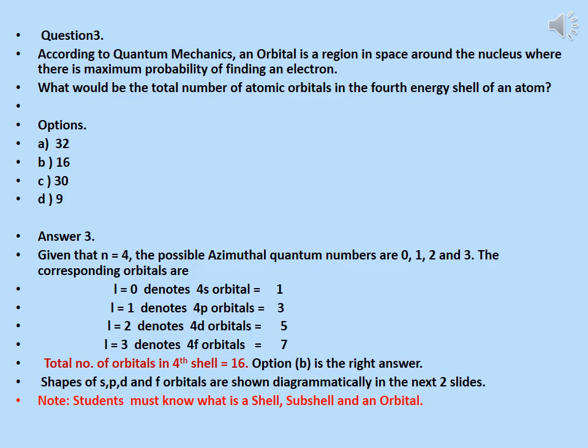Similarly, subshell p does not indicate how the dumbbells are oriented, distributed along the different x, y, and z axis. So also in the case of d and f subshells, which do not talk about how they are oriented, distributed in space along the x, y, and z axis.